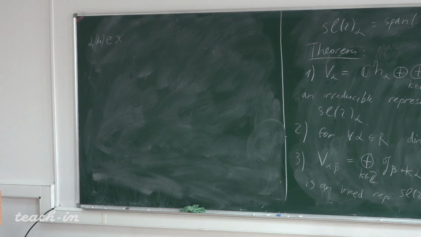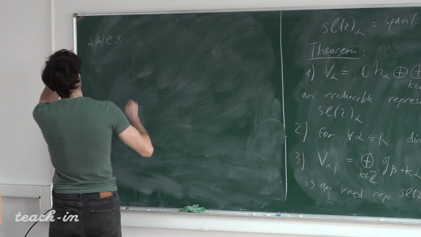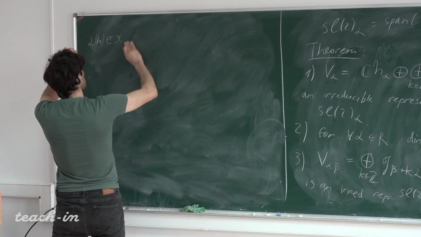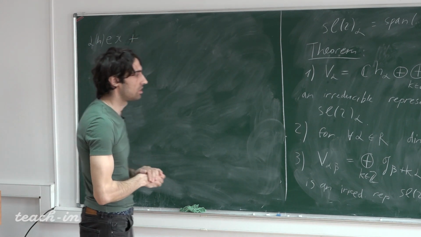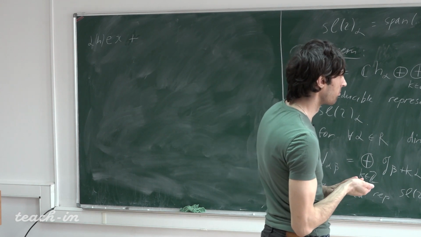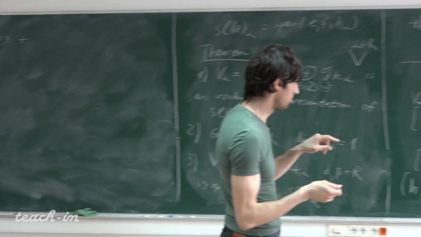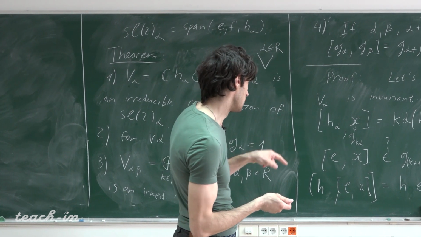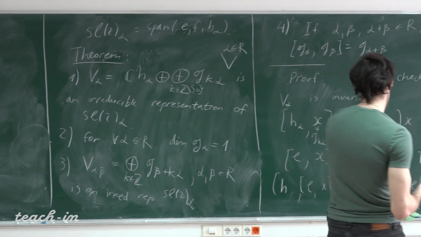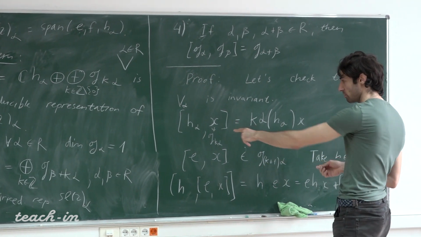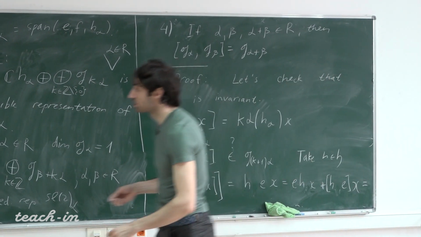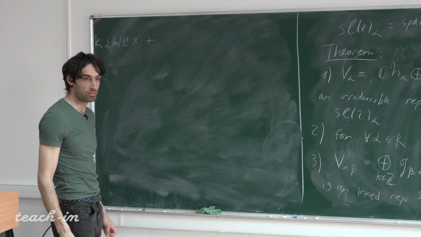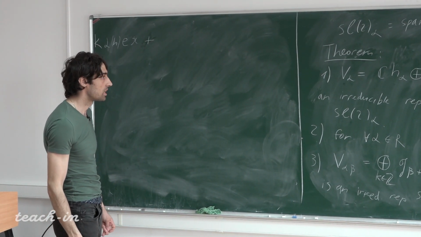So plus, because X is from G K alpha, therefore I should write K here.